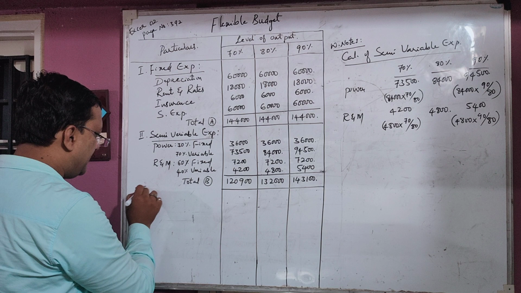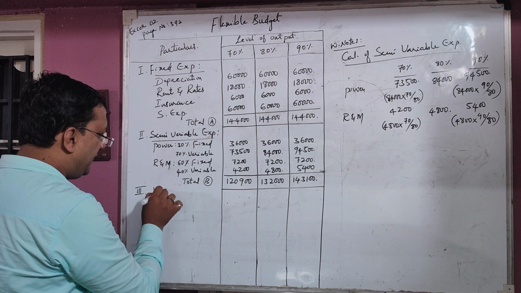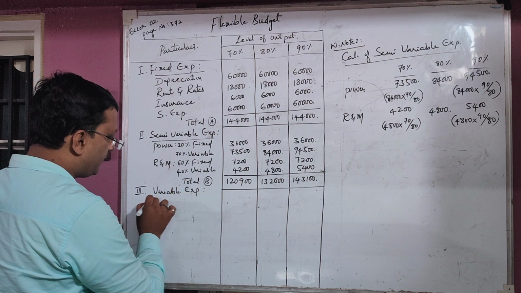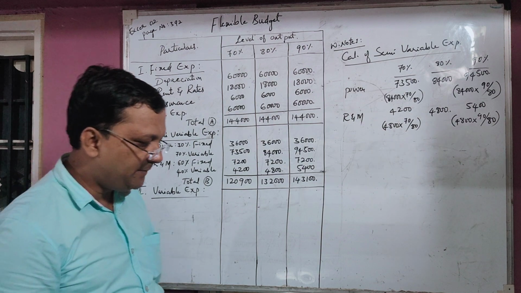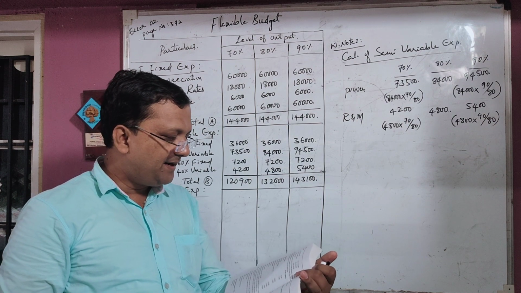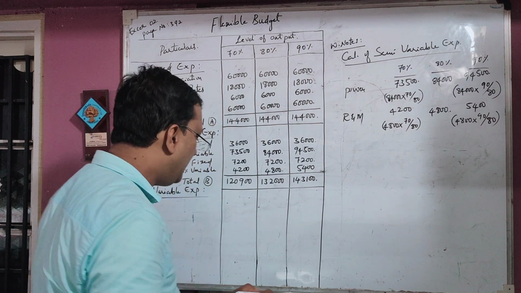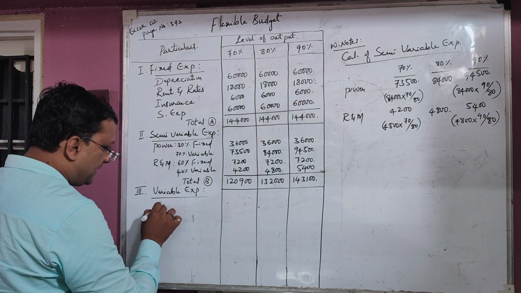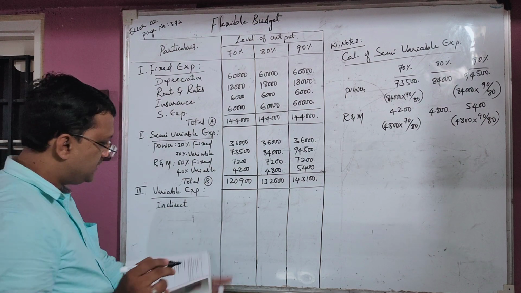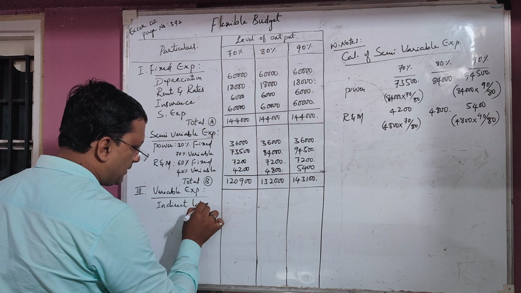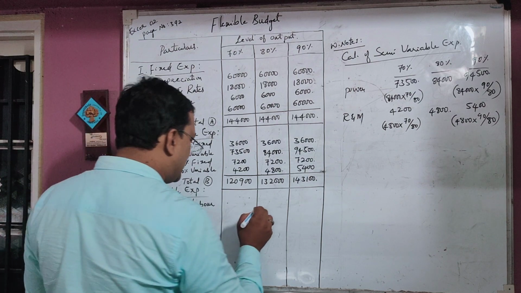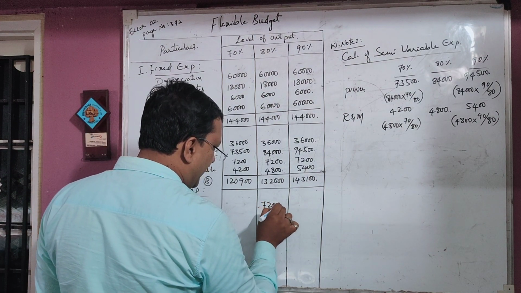Next, come to the third point, the third heading, variable expenses. In variable expenditure, again two items are there: indirect labor and indirect material. For indirect labor, the given amount for 80% capacity is, remember, every time in the second column, 72,000.